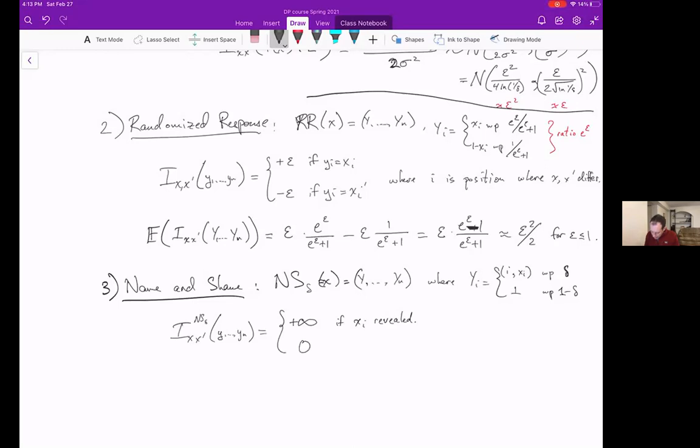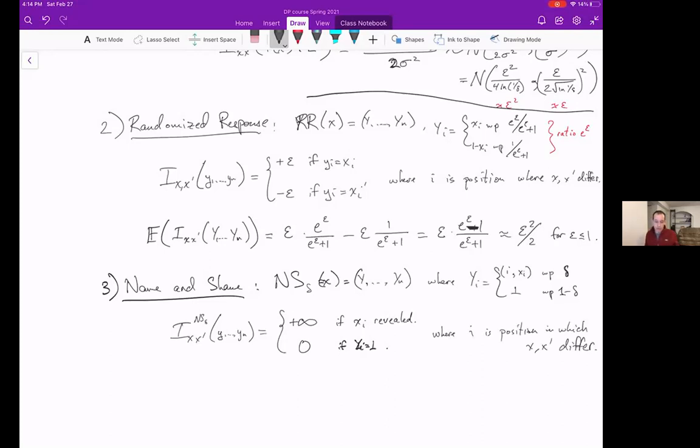But then if xi is not revealed, if yi is equal to bottom, then there's no privacy loss at all. Again, here i is the position in which x and x prime differ. Okay, so this is a funny example.